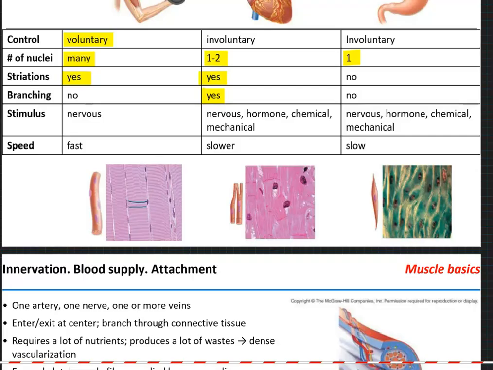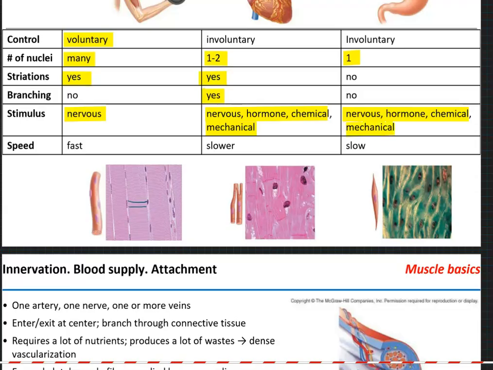So skeletal muscles can only be activated by the nervous stimulus, which makes sense since nervous stimulation is the only one that we have voluntary control over. Unlike skeletal muscles, smooth and cardiac can be stimulated by a variety of agents, from nervous and hormonal to chemical and mechanical.